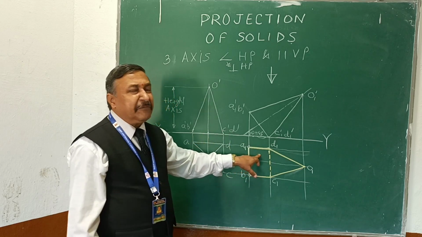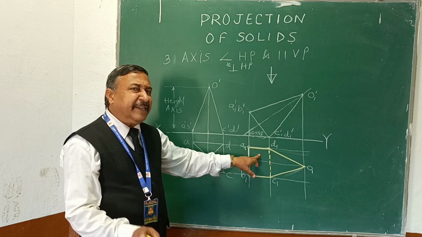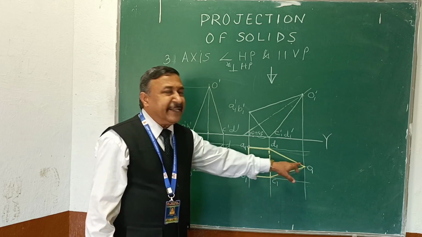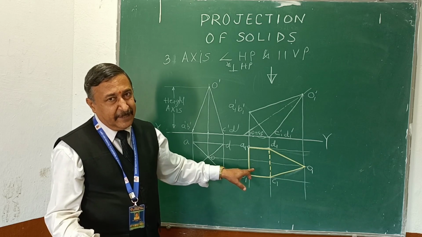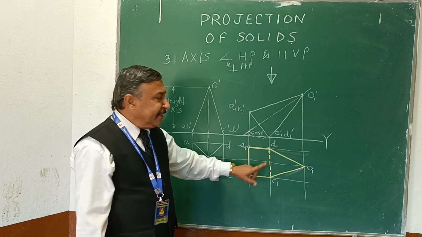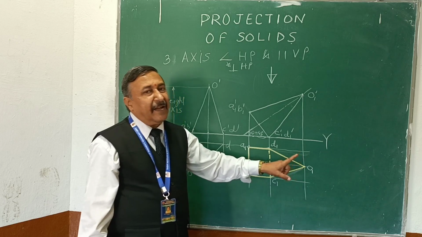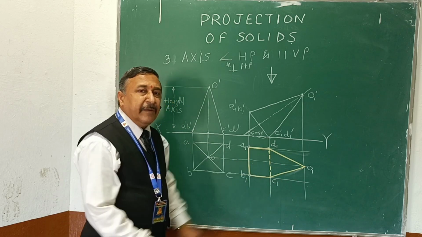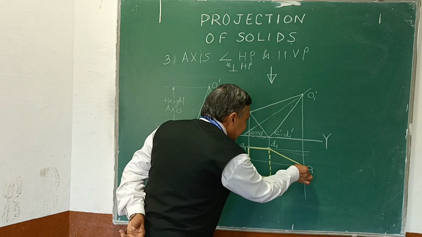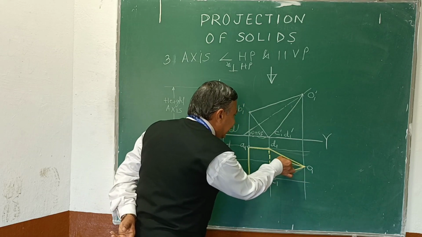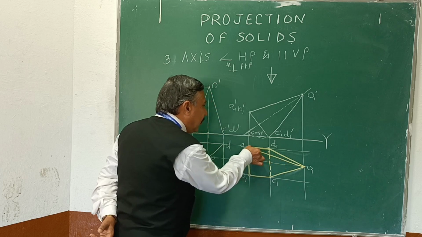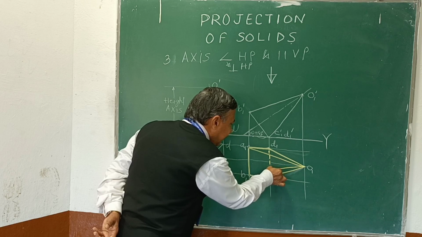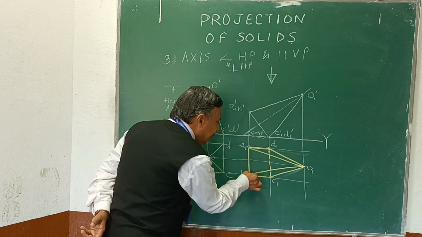See, the base is visible. If the base is invisible, then these edges are visible, obviously. And if this is visible, then these edges will be invisible. So we draw complete lines. This is a slanting edge OA, and this is a slanting edge OB.